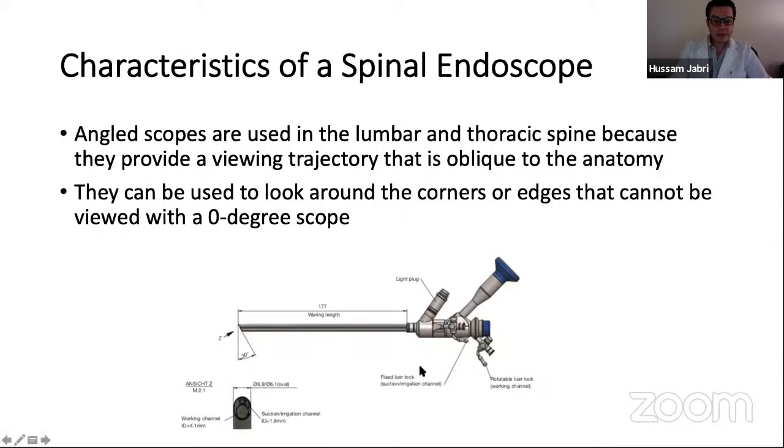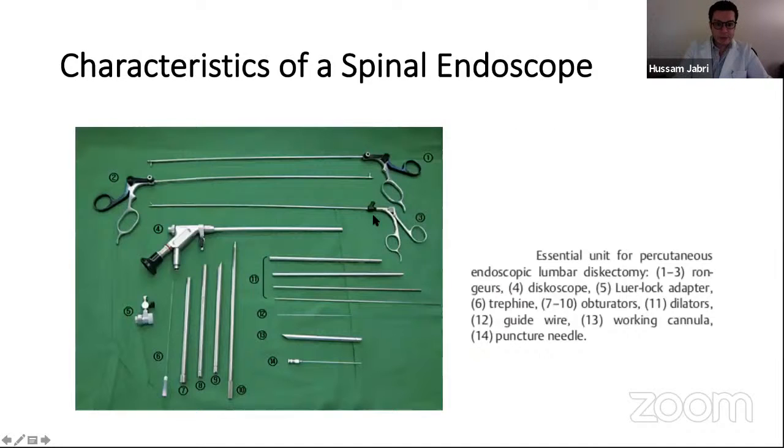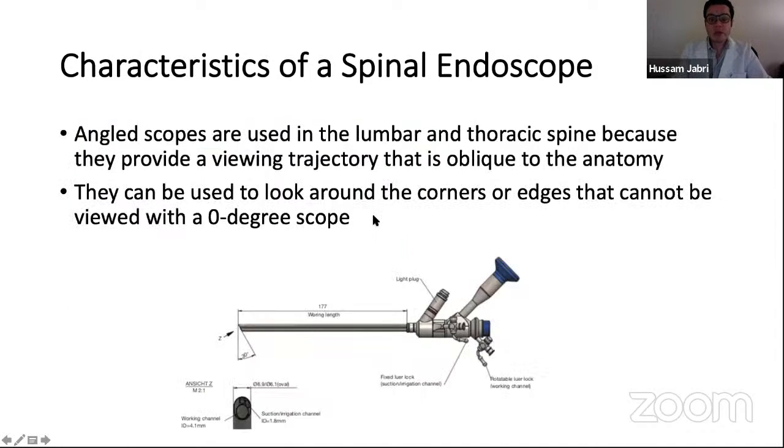Angled scopes, as we see, this is a scope with a 30-degree angle of the optics, are used in lumbar and thoracic. Smaller angles are used in other parts of the spine, and it also depends on pathology. Like in stenosis, we prefer to use a bigger angle compared to the disc. They provide a viewing trajectory that is oblique to the anatomy. They can be used to look around corners or edges that cannot be viewed with a 0-degree scope.